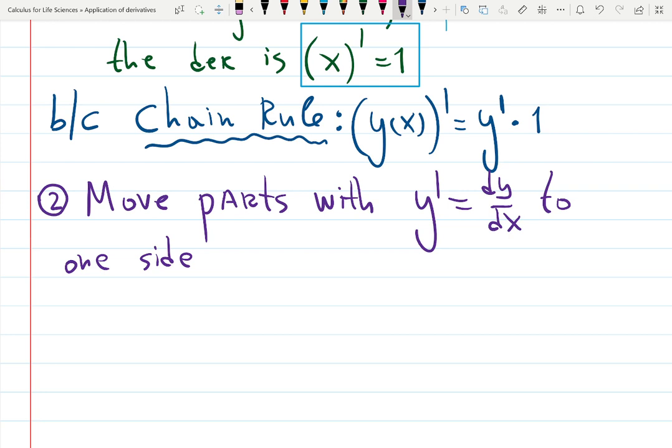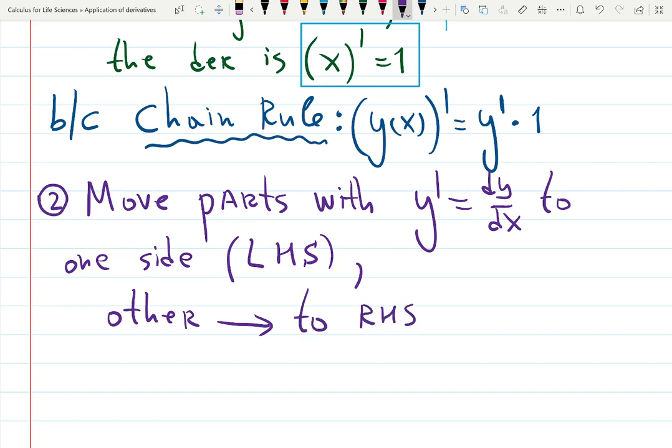Some students have a flipped kind of brain that likes it this way, which is fine. It's not against the rules. But traditionally and internationally, we move unknown things to the left-hand side, right? Other stuff moves to the other side, so in this case, to the right-hand side. Important stuff with y prime goes to one side, other things to the other side.